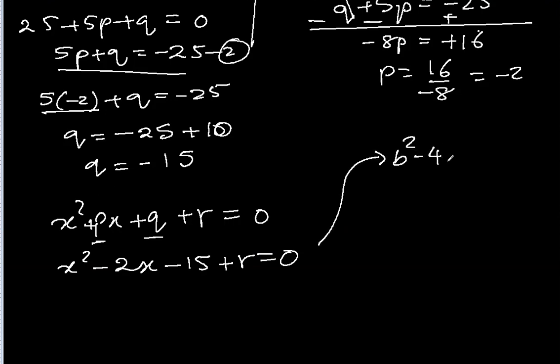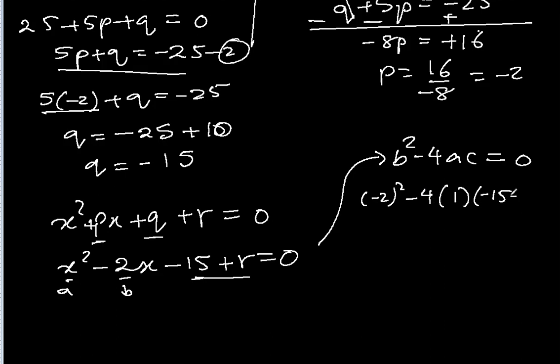For that, discriminant b square minus 4ac has to be equal to 0. So for us, b is minus 2, a is 1, and c is this whole thing, minus 15 plus r. Okay? So minus 2 square minus 4 times 1 times minus 15 plus r equal to 0. So 4 minus 4 times minus 15 plus r equal to 0.